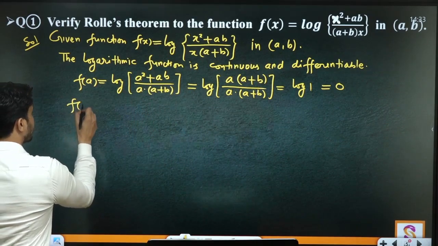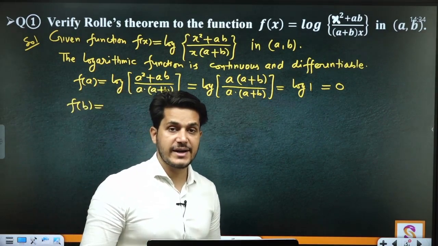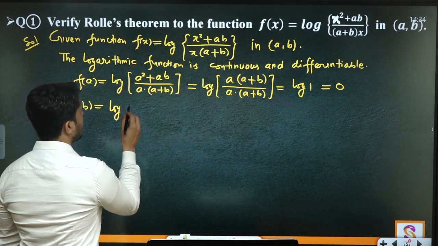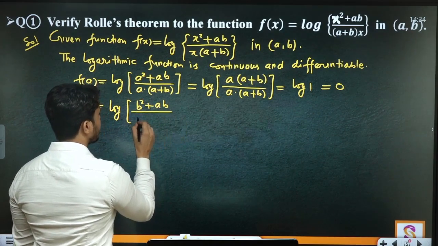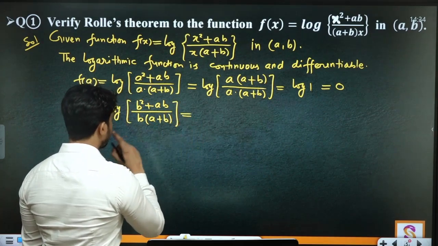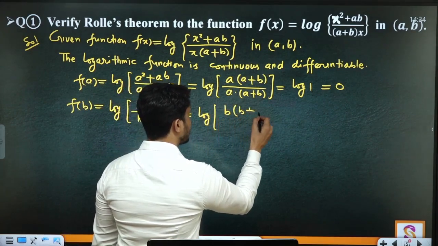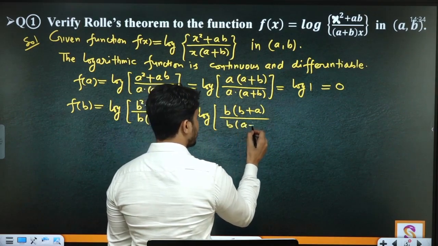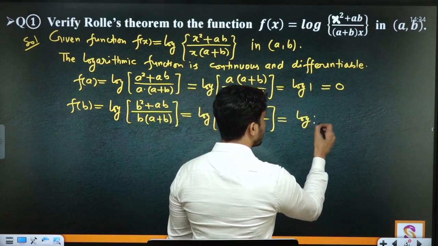On the other hand, f(b), the function value at the second extreme point, equals log of (b square plus ab) upon b into (a plus b). Taking b common, it is b into (b plus a) upon b into (a plus b). Again this value cancels out and the output is log 1, which is equal to 0.